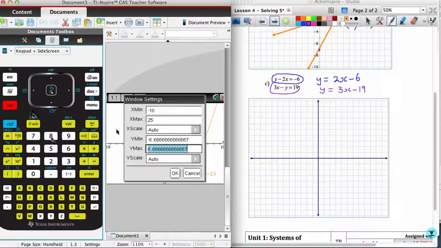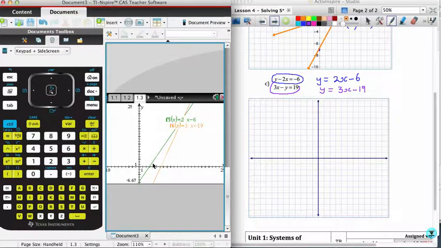So I'm going to tab again, and I'm going to increase that to 25 as well, and we'll see how that works. So in this case, what you can see is I increased the value of the positive x and y, and I'm now in a position where I can actually see the point of intersection over there.